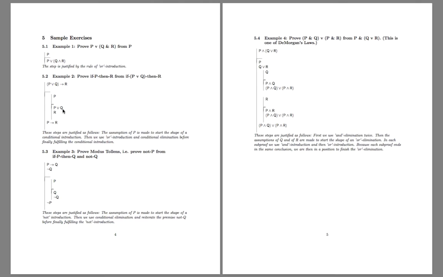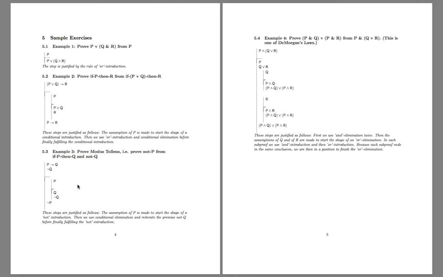Because if I had P or Q, then I can combine that with (P or Q) arrow R by using conditional elimination to get R. Okay? And now, lo and behold, I've got a proof of R from P, which entitles me to end that subproof, and write, well, in that case, P arrow R. Okay?